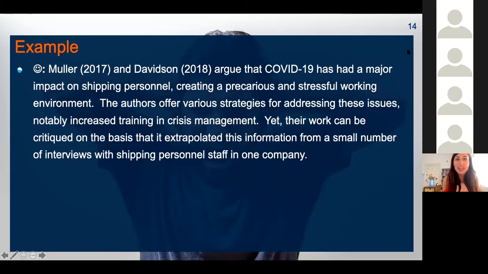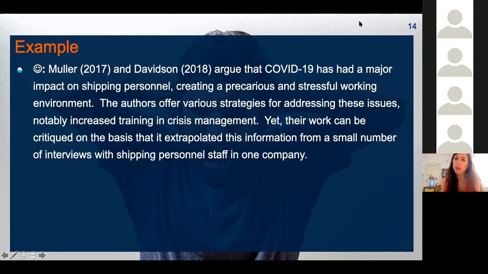So again, I have a couple of examples here that we can look at, and you can read them yourself, but an example of good practice and not so good practice. So this first example is what I'm talking about when I say using the third person more. So for example, Muller 2017 and Davidson 2018 argue that COVID-19 has had a major impact on shipping personnel, creating a precarious and stressful work environment.